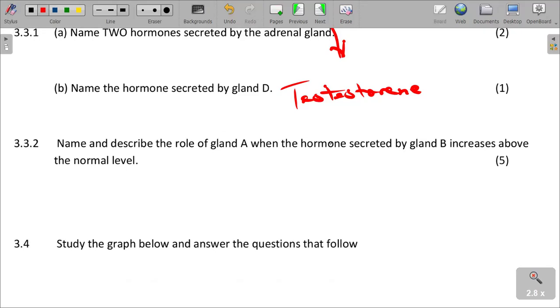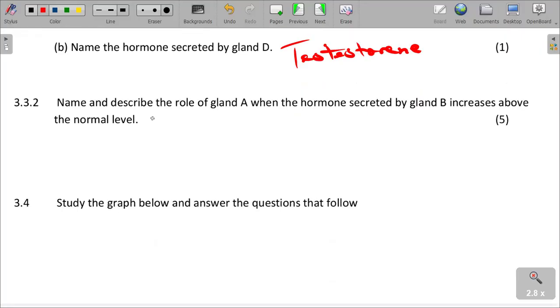And then name and describe the role of gland A when the hormone secreted by B increases above the normal level.